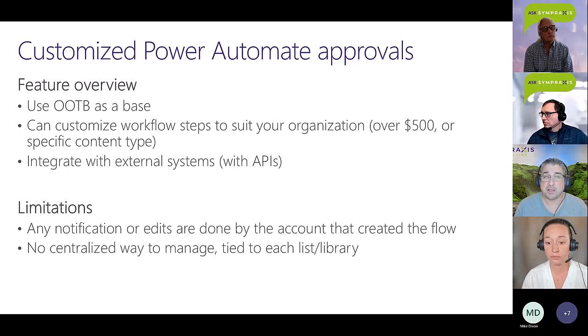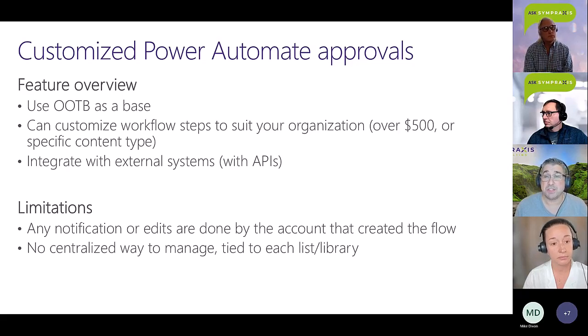You use the out of the box template as a base, but then you can modify it. So say you're doing a purchase order approval, and anything under $500 just gets approved, goes to level 1 manager, but anything over 500 goes to level 2. You can go into the out of the box workflow, edit that, and start creating customized versions of that.